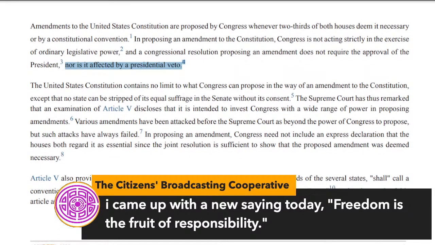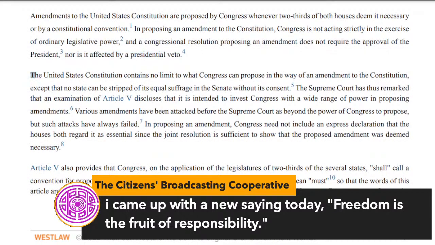Interesting. The United States Constitution contains no limit to what Congress can propose in the way of an amendment to the Constitution, except that no state can be stripped of its equal suffrage in the Senate without its consent.